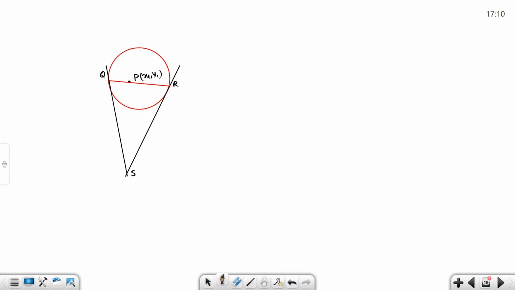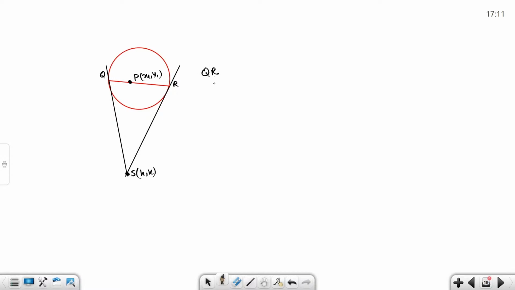Now if we want to find out the locus of point S, check it. With respect to point S, because P is the pole which is inside the circle, the locus of point S will be the polar for this circle with respect to the pole P. So in this case, what will be the equation of QR?